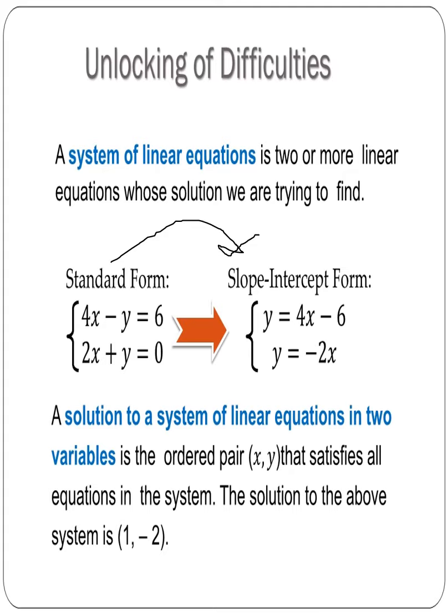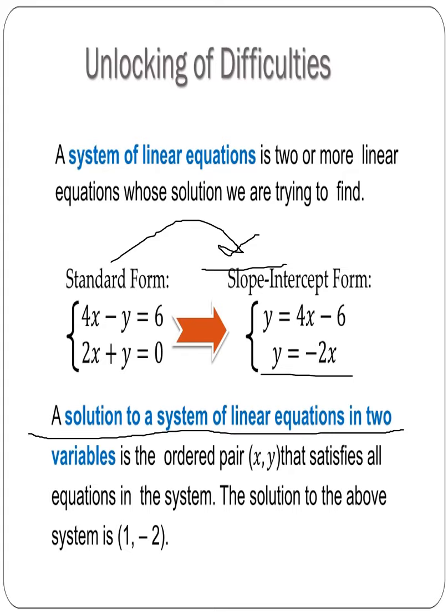Consider we are given the standard form 4x - y = 6 and 2x + y = 0. We just keep y on one side and the other terms on the other side. So it becomes y = 4x - 6, and this becomes y = -2x. This becomes the slope intercept form.